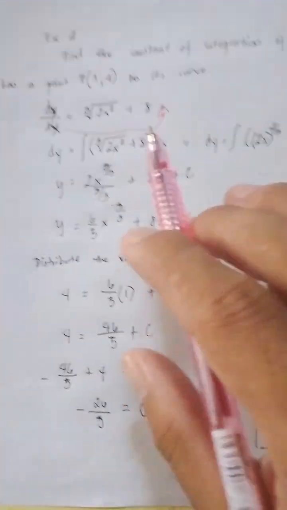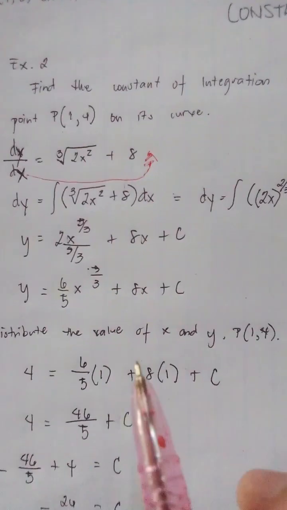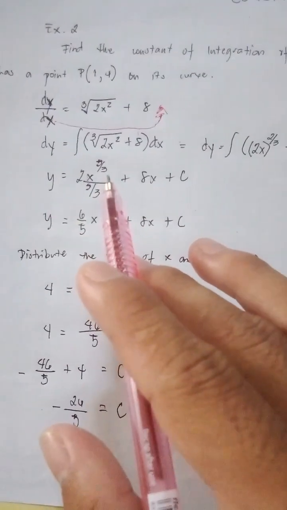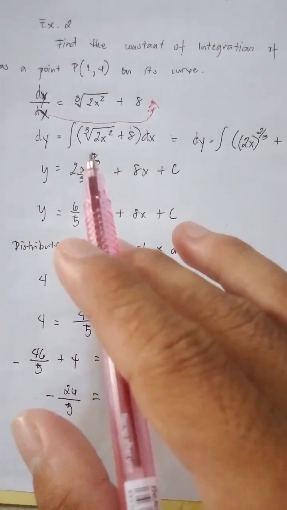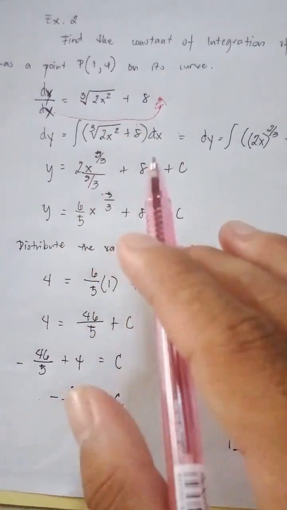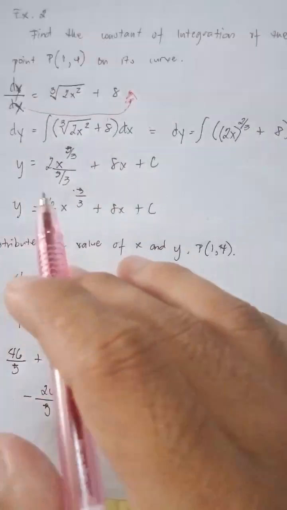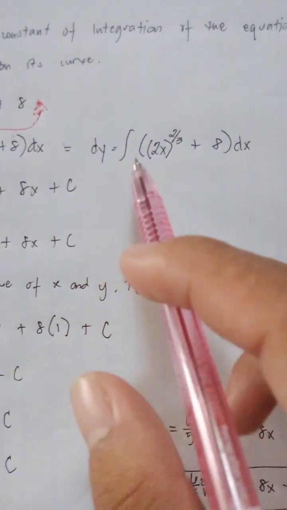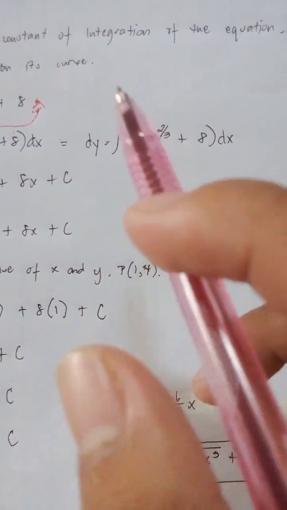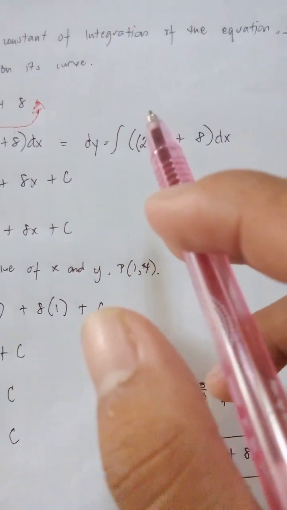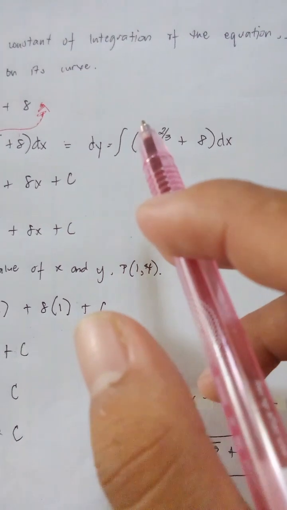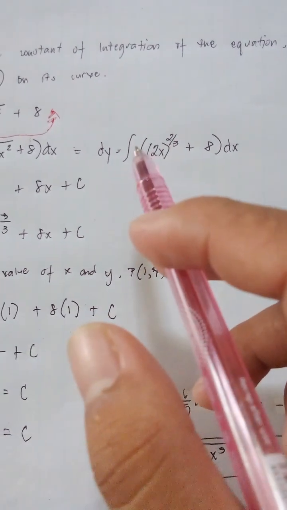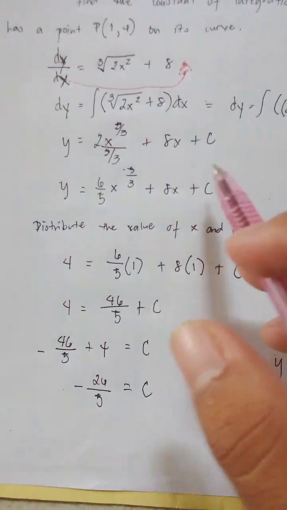And since it is a cube root, we need to change it into a fraction exponent. So dy equals the integral of 2x raised to 2 over 3 plus 8 dx.